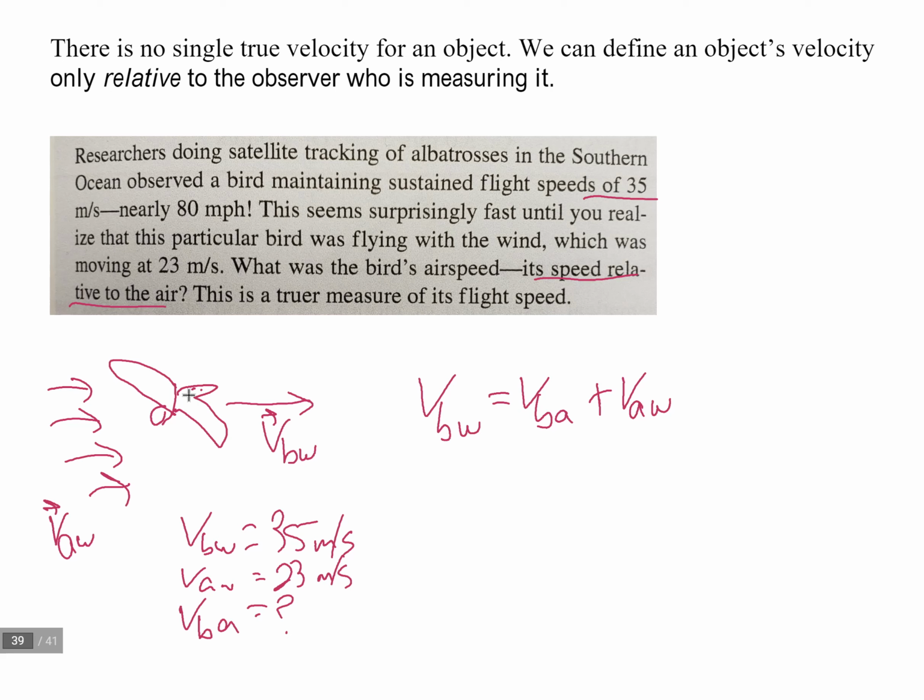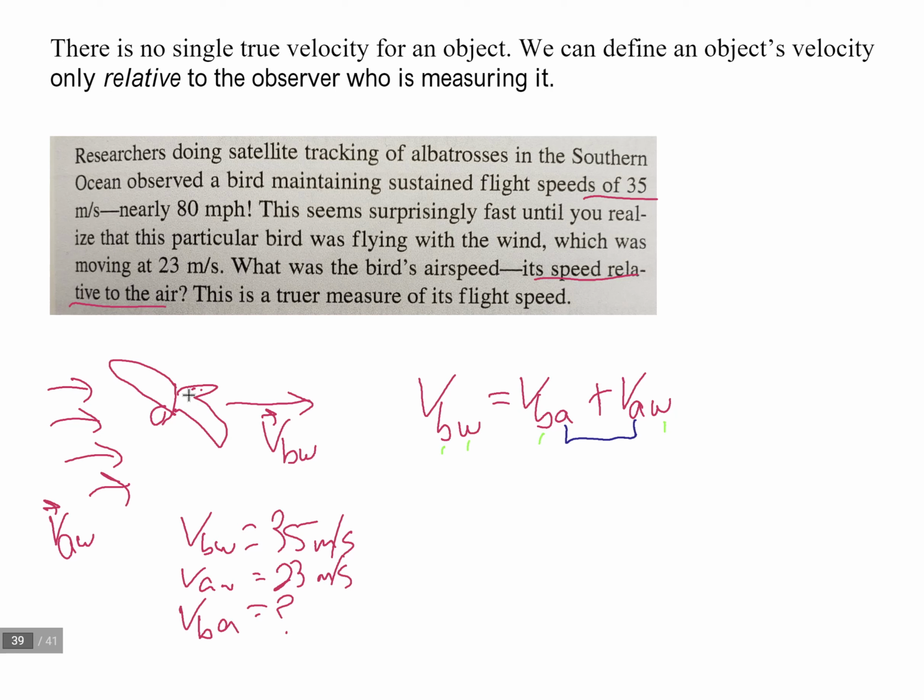And the reason that I'm setting it up like this is if you look at this notation, we have velocity of the bird relative to the water here. And notice that I have bird and water here. And then the inside notations are air and air. It's kind of like when we're doing matrices in Algebra 2, we need the inside notations to match.